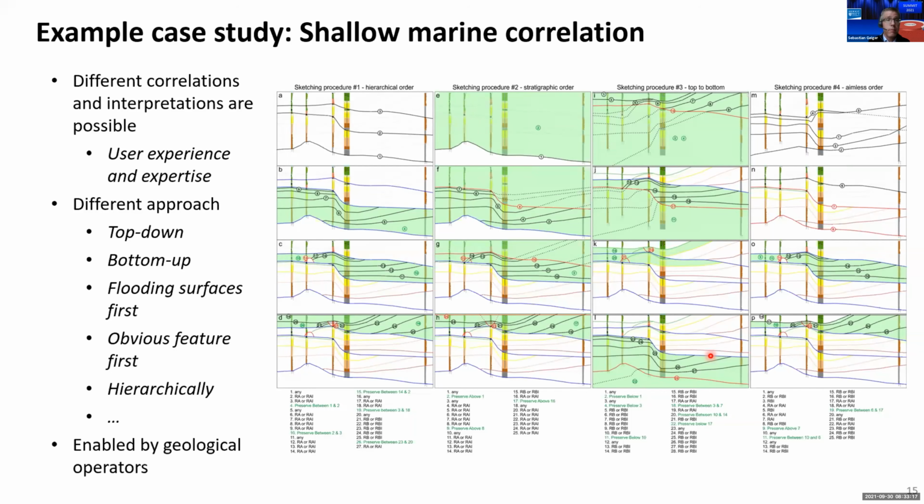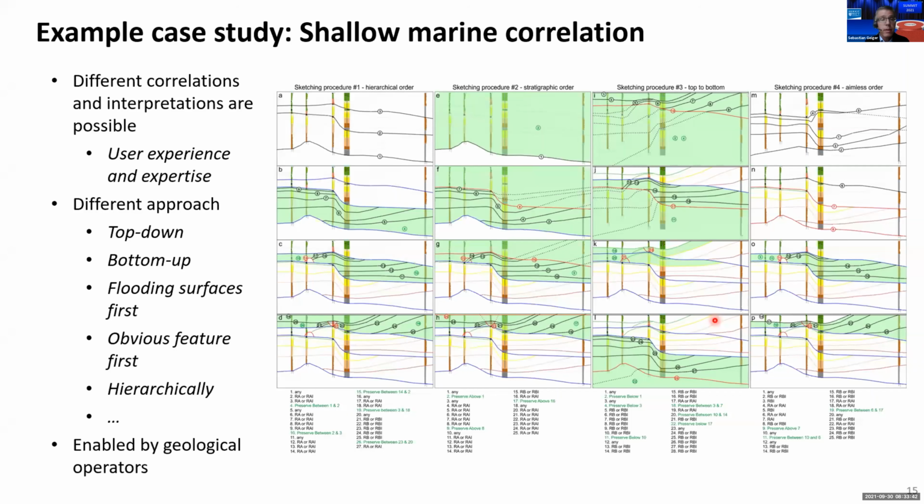Some use a top-down approach, others a bottom-up approach, others look at the flooding surface first, others interpret the obvious feature first. Some create the models hierarchically. What you see here are, again, the same input data, the well logs, and the different geological interpretations of the same data. Every interpretation starts in a different way.